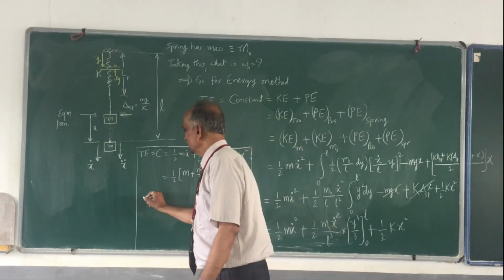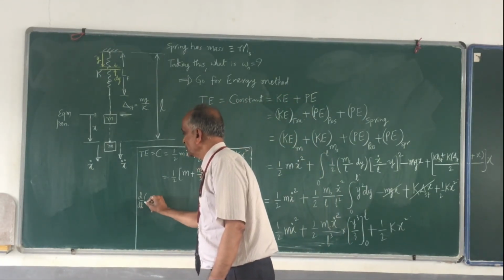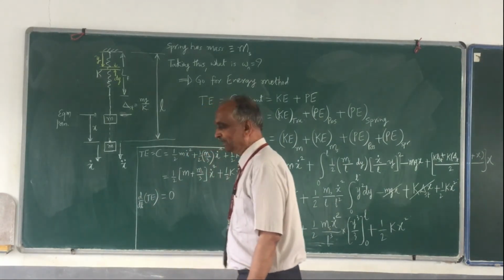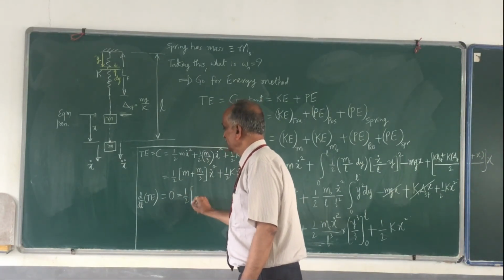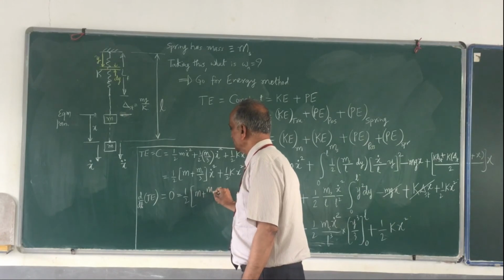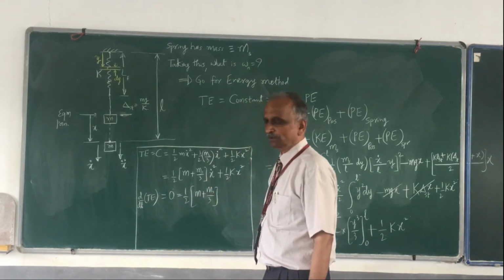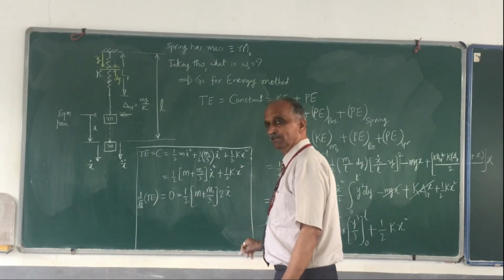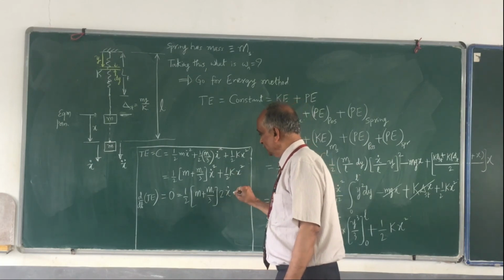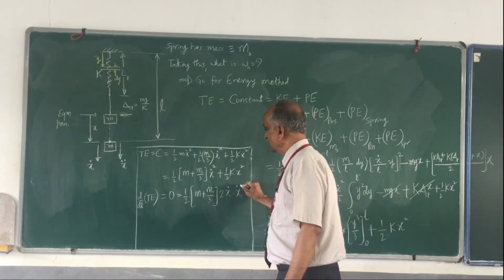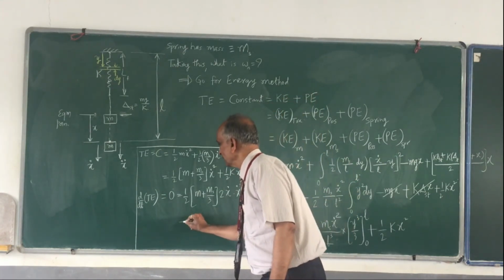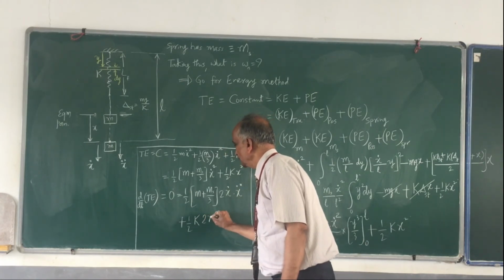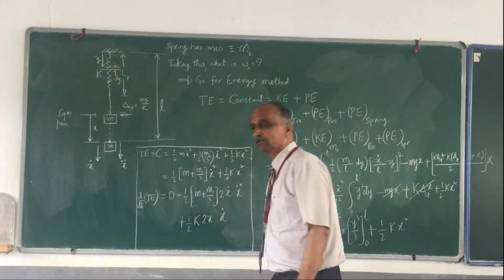Now differentiate it, d by dt of the total energy. I know that this is equal to 0. This is half into (m plus ms by 3) into the differentiation of x dot square, which is 2 times x dot multiplied by x double dot, plus half into k into x square, differentiation 2x multiplied by x dot.